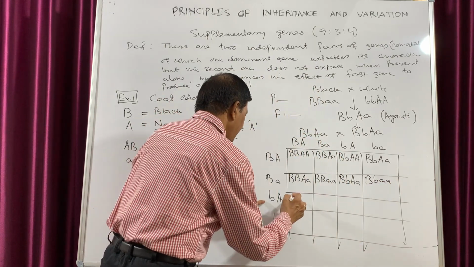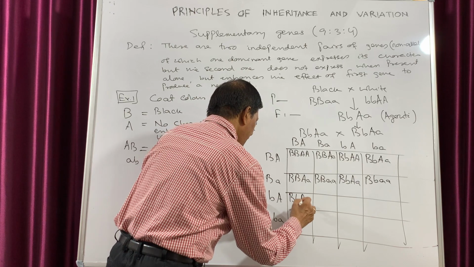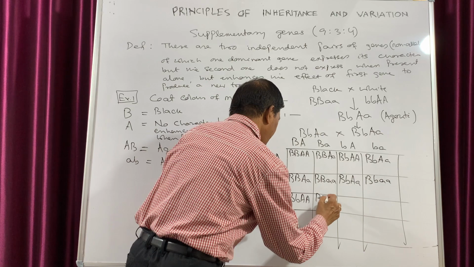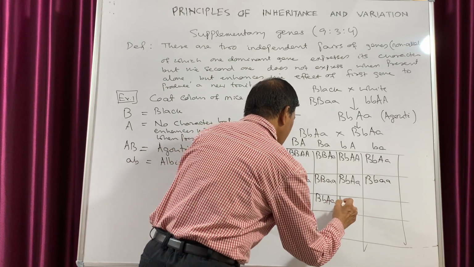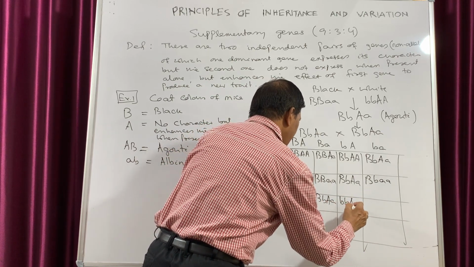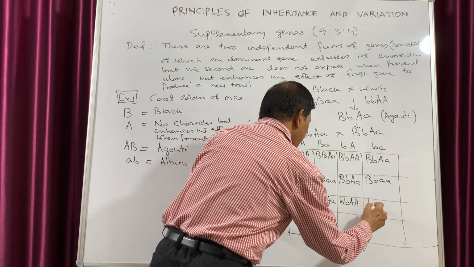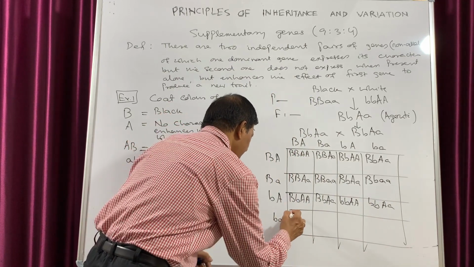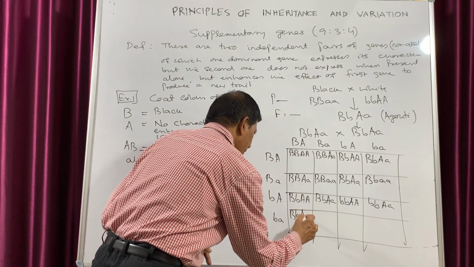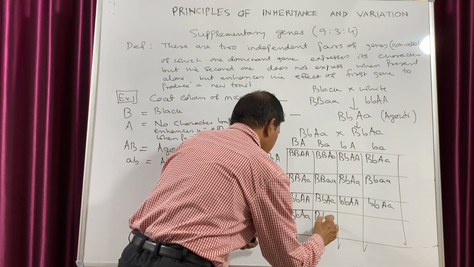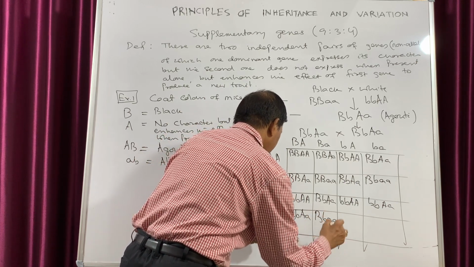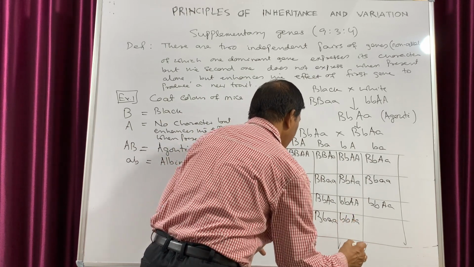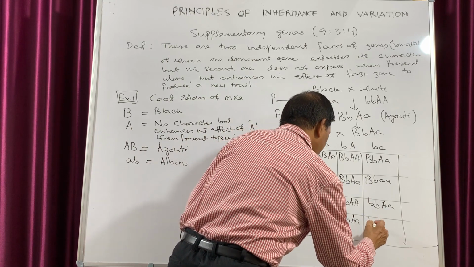Now here it will be capital B, capital A, small a. And in this case, capital B, capital A, small a. And here small b and capital A. Here small b, capital A, small a. And in this case, it is capital B, capital A, small a. And it will be capital B and small a, and this one will be small b, capital A, small a, and this will be all four in the lower case.